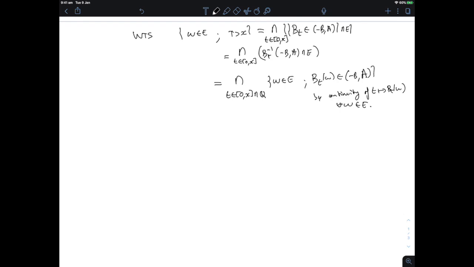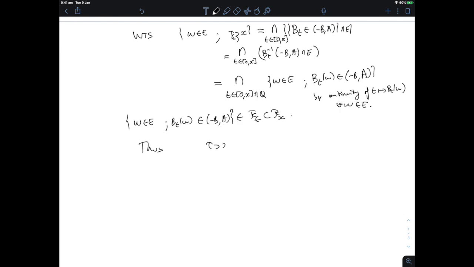So this set of all the omega in E where tau of omega is greater than x is really a countable intersection of things that are in Ft. And the set of omega in E such that Bt of omega belongs to (-b, a), that's an element in Ft by definition of Ft, and Ft is included in Fx. So what have we got?